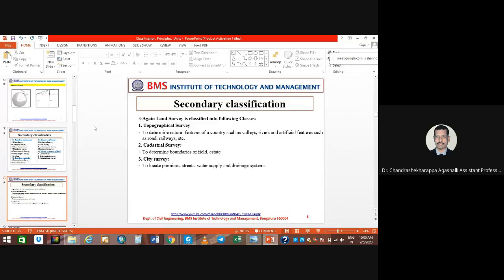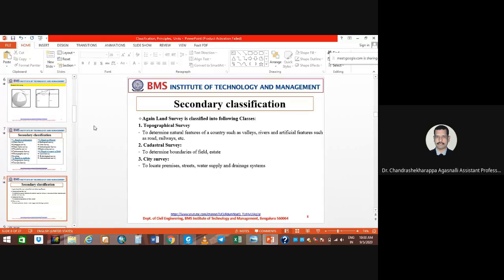Right, this completely comes under cadastral survey. Okay, there are many boundaries. So if you take the old topo sheet, you can see almost all the features.